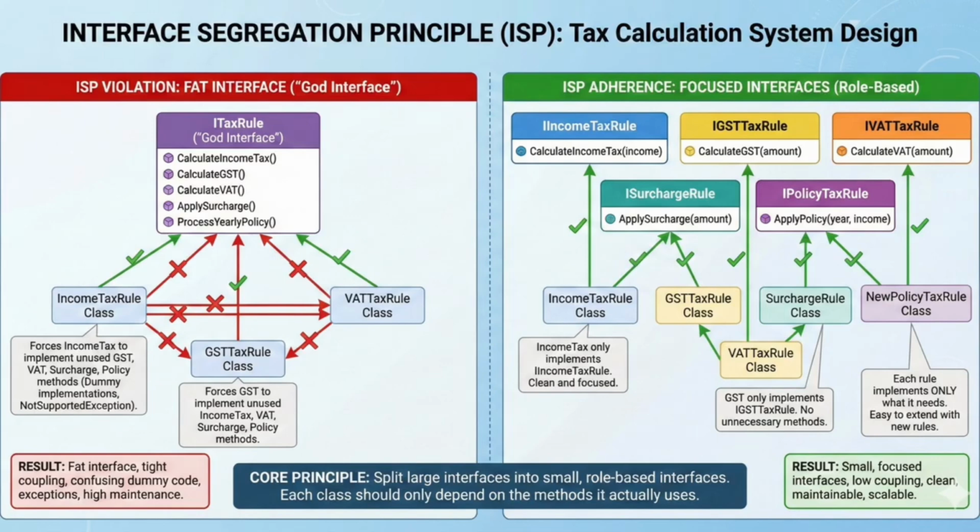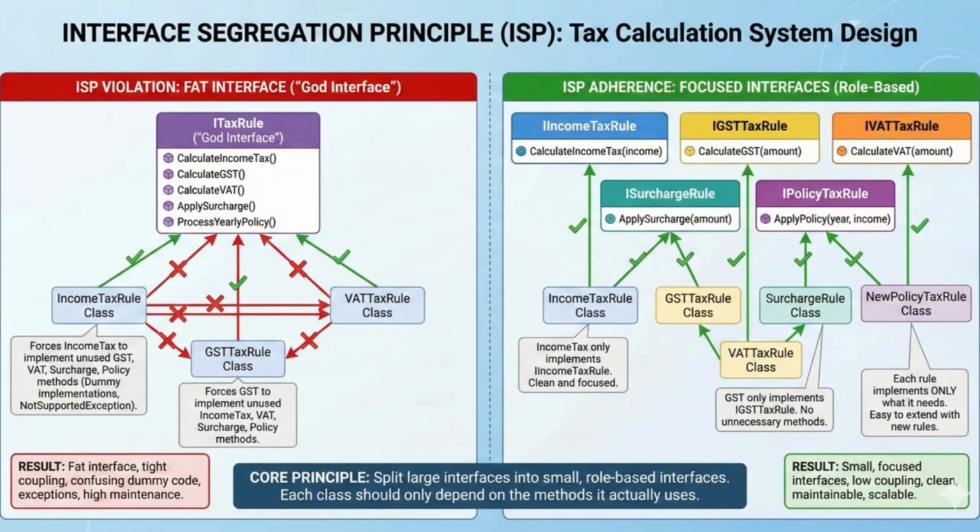In banking, finance, or government systems, tax rules and business policies frequently change. There may be different types of tax-related behaviors, such as income tax calculation, GST calculation, VAT calculation, surcharge processing, yearly policy-based rules.